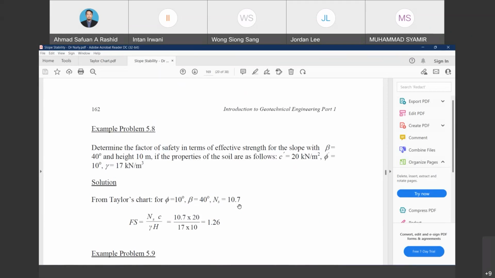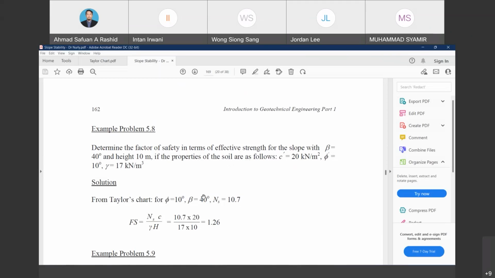So the second example: determine the factor of safety in terms of effective strength for the slope with beta equal to 40 and height equal to 10. The properties of the soil are as follows: C is equal to 20, phi is equal to 10, gamma is equal to 17.